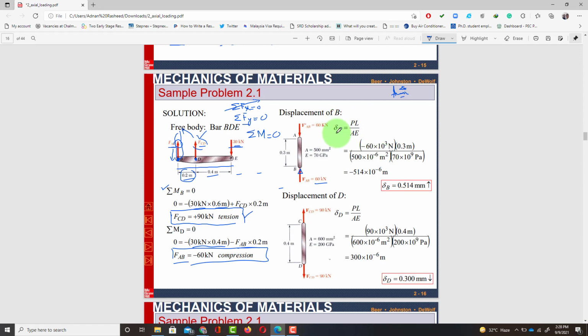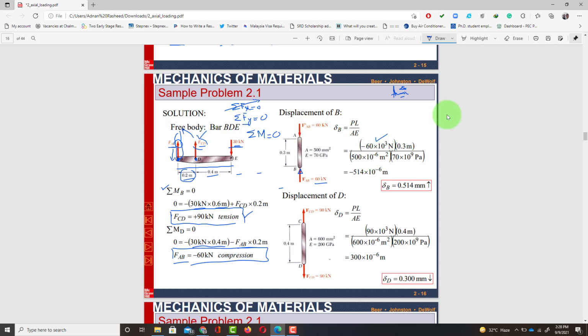Clear? So we know that deflection in AB, or deformation in link AB, is equal to PL divided by AE. Here the force is compressive, so P in this case is minus 60, which you have calculated earlier. So this is minus 60 into 10 raised to power 3.